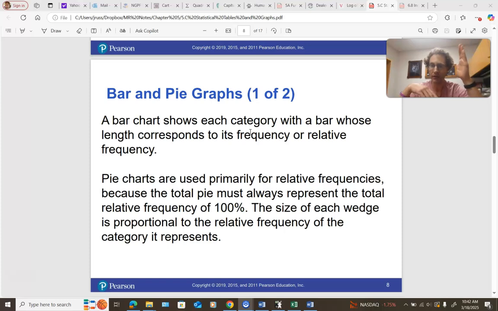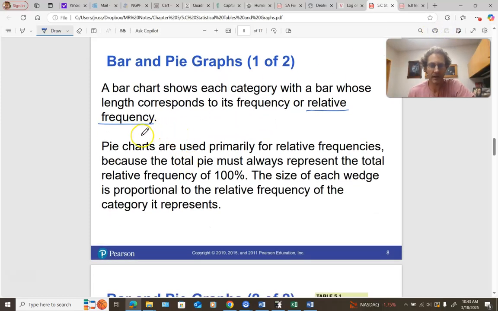Typically you would have the vertical axis labeled in frequency, so like 1, 2, 3, 4, 5, etc. If the bar that corresponds to blue has a height of 10, then that just means that 10 respondents answered blue as their favorite color. Sometimes, though, that vertical axis will be labeled using relative frequency. We're going to look at some examples in just a minute.